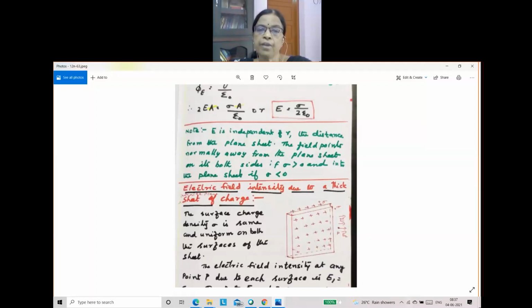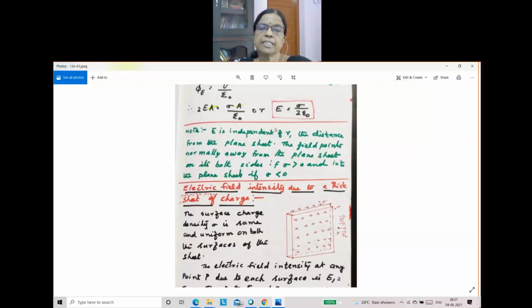We told electric field positive charge, positive distribution is positive charge. Positive charge is distributed on the sheet. So direction is away from the sheet, outwards from the sheet, on both sides. If sigma is greater than 0, that means positive, it will be outwards.